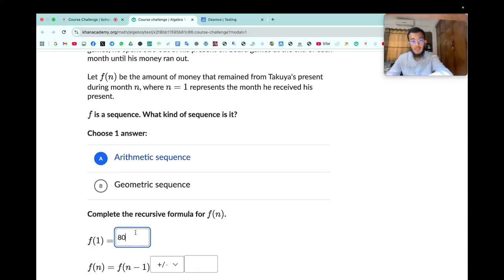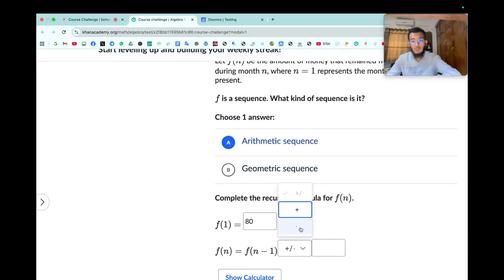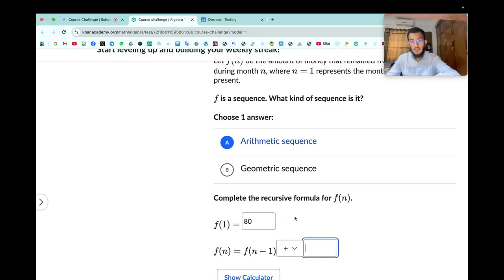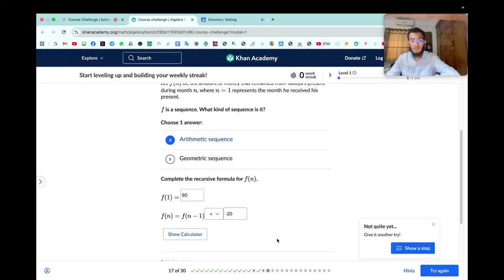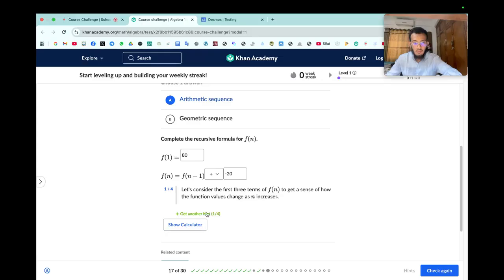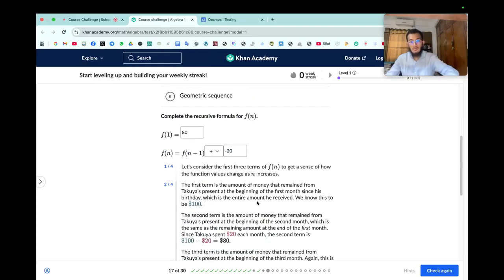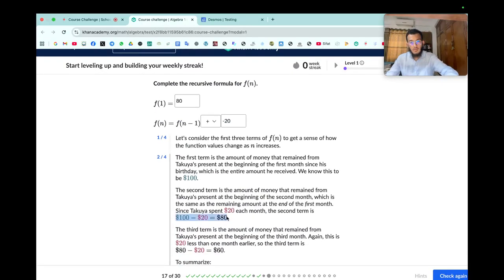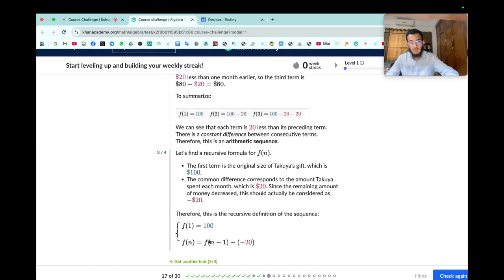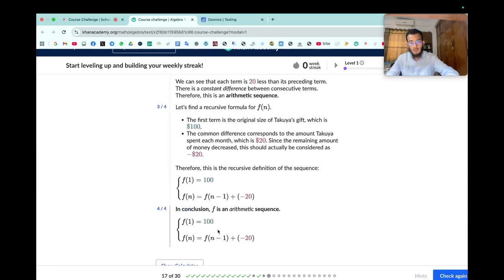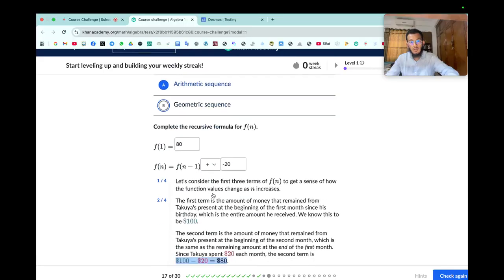Then each time you add, not multiply, negative 20, which is the common difference. Second term is this thing, arithmetic sequence, yep, 100.